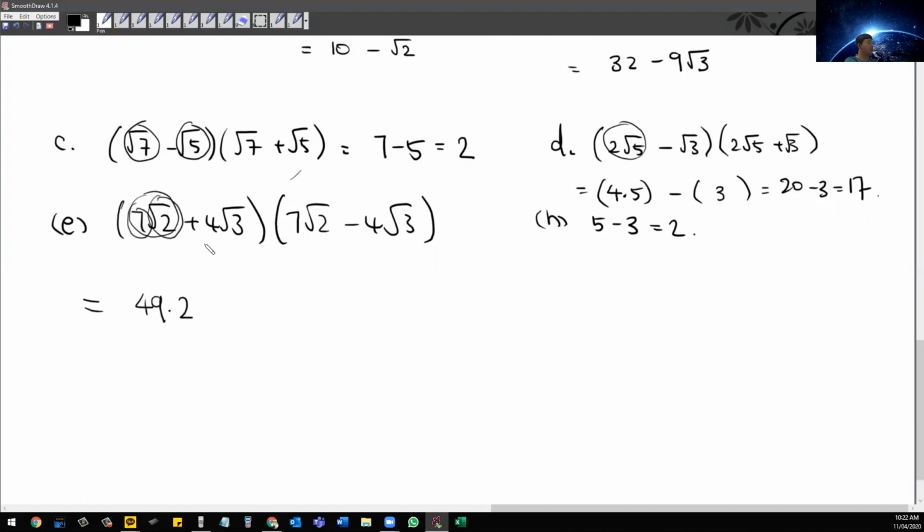This one times this one squared is 2. And then this is minus 16. 4 squared is 16. And that one squared is 3. So that's equal to 98 minus 48. The answer is 50. Very good. Hannah, did you get 50 as well? Yeah. Great.